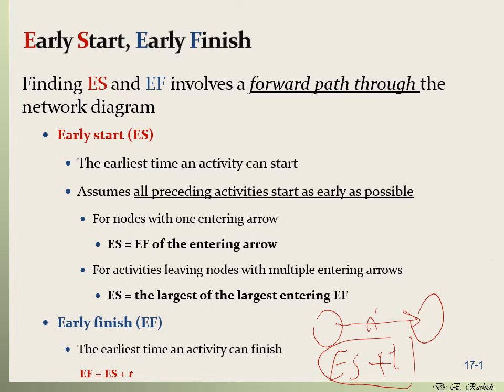So the early finish of each activity is the early start plus the timing, t, that the activity would take to be completed. So when computing early start and early finish, start with the early start, and then the early finish is just the early start plus the activity time. Now let's go ahead with the late finish and late start.